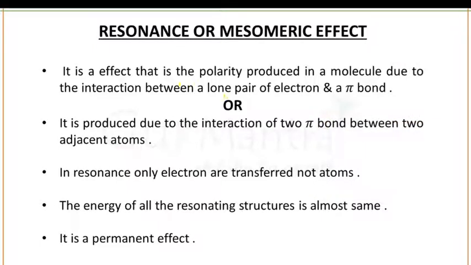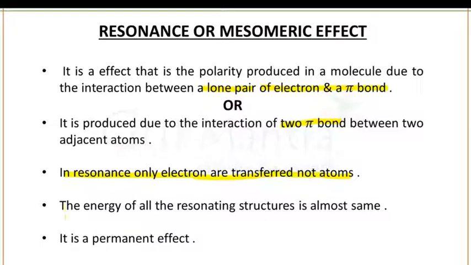The polarity can be formed between lone pairs, between two different pi bonds, and between a lone pair of electrons and a pi bond. In resonance only electrons are transferred, not atoms. The position of atoms will remain the same.